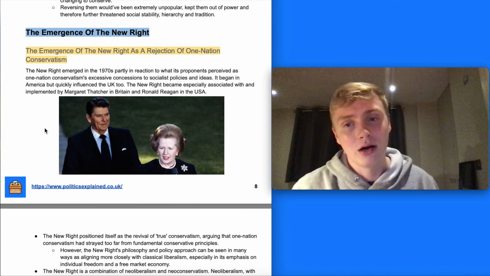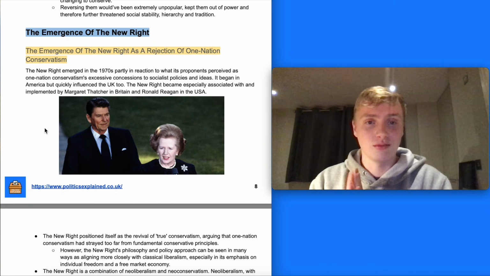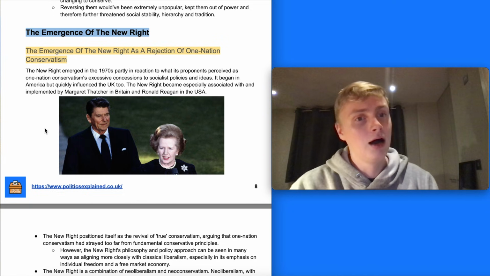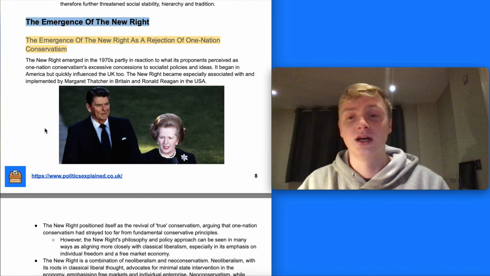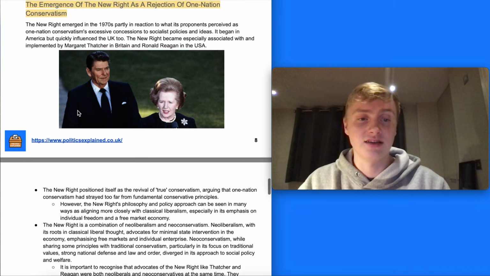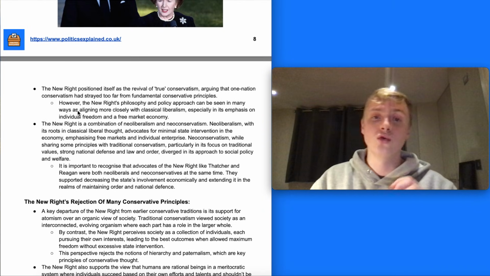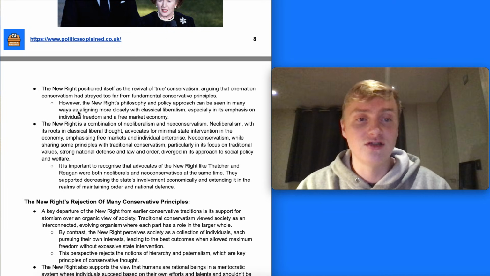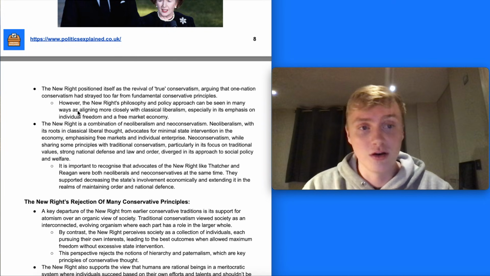But this was important as well. They believed that One Nation Conservatism had moved away from conservative principles. And yeah, as I said, it was really associated with Thatcher in Britain and Ronald Reagan in the United States. And the new right positioned itself as the revival of true conservatism, arguing the One Nation had strayed far too far away from fundamental conservative principles.